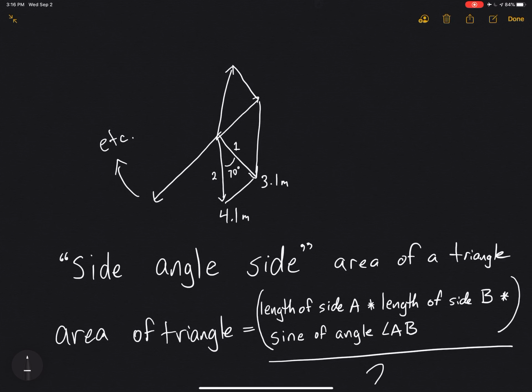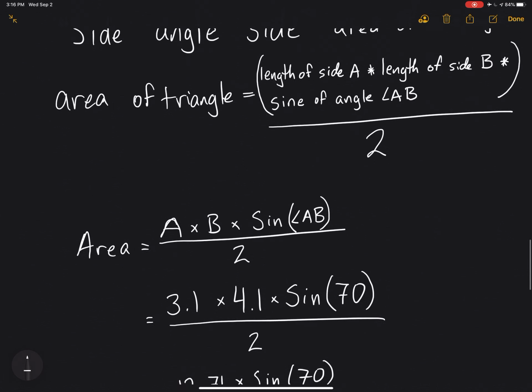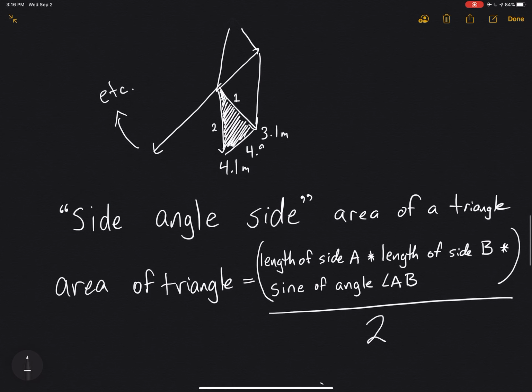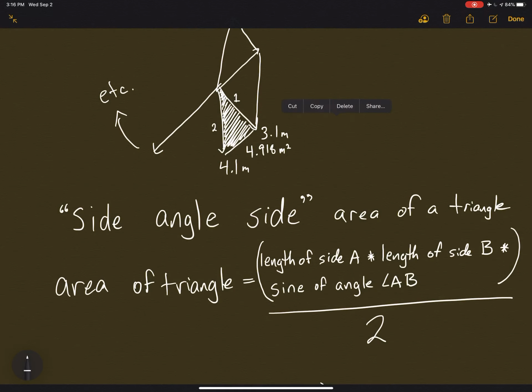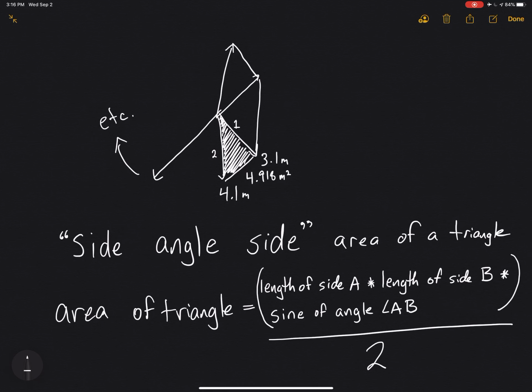So now we know what the area of our one triangle is, and it's the exact same operation for every other pair of adjacent triangles. Okay, so let's label that 4.918 meters squared. And then repeating that operation across the whole thing gives you the area of the whole thing.